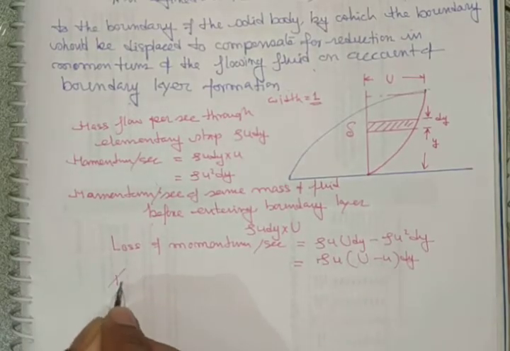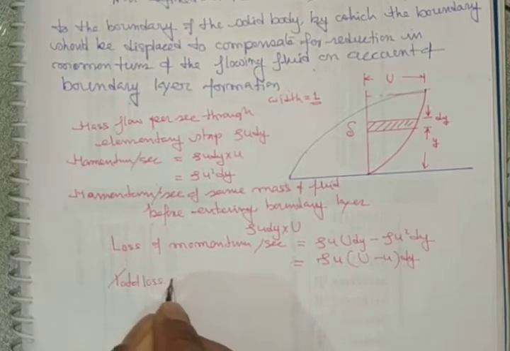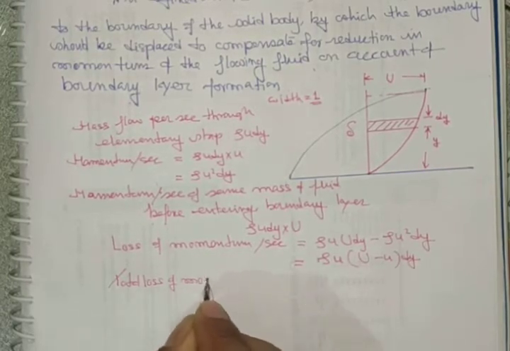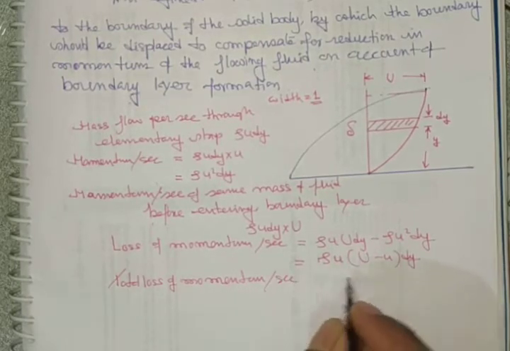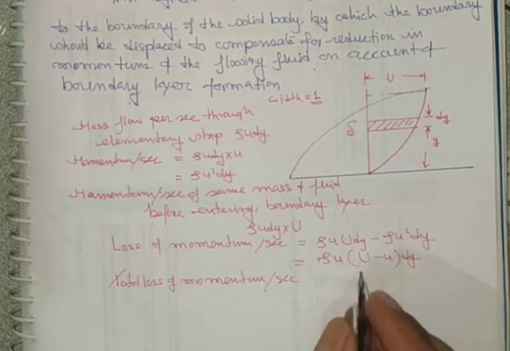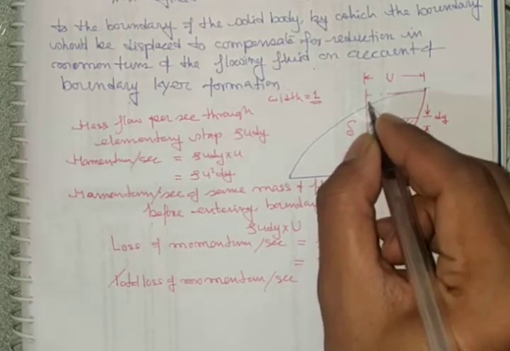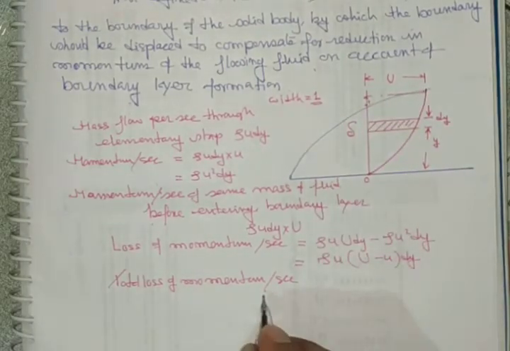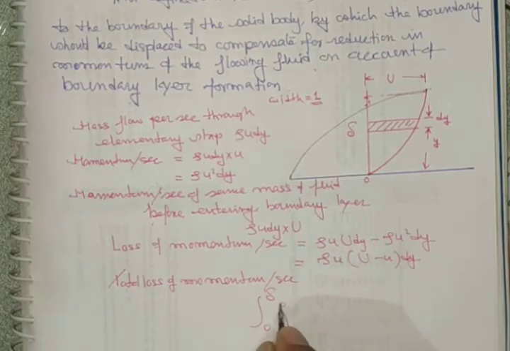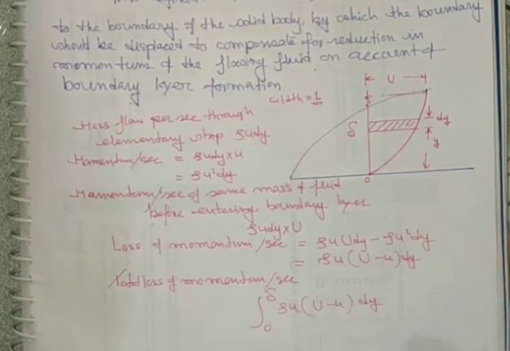So total loss of momentum per second. This is for the strip. For the whole it will be 0 to delta. So up to this point is delta, as you know. So it will be like this, rho u, capital U, del y.